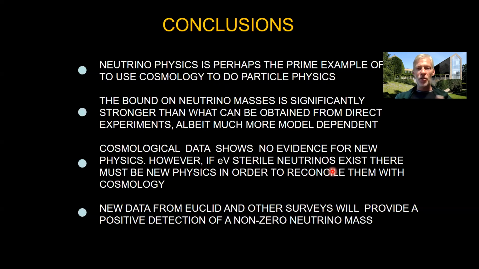And that would presumably require interesting kinds of non-standard cosmology or interesting kinds of non-standard neutrino physics. And finally, as I talked about in the last few minutes, future surveys will allow us to actually directly probe the contribution of neutrinos to the energy density and actually measure the neutrino mass.